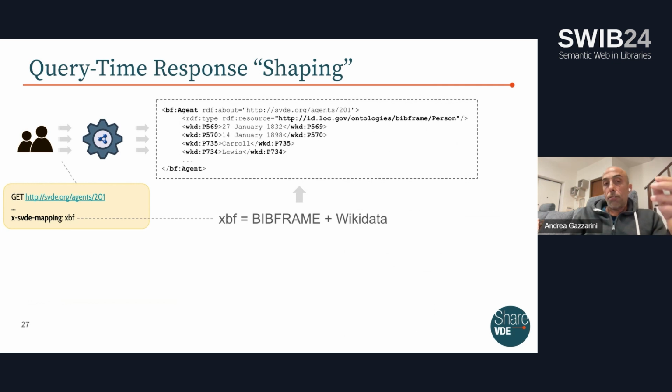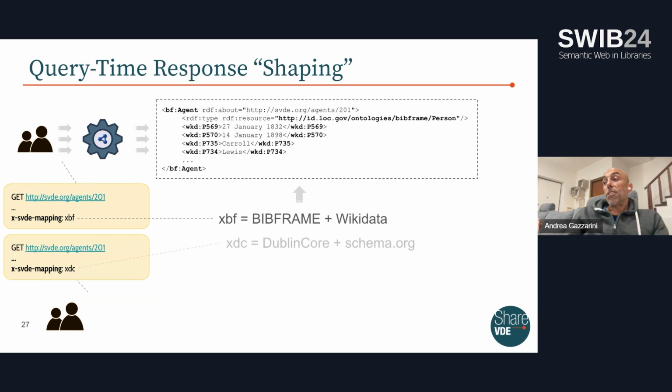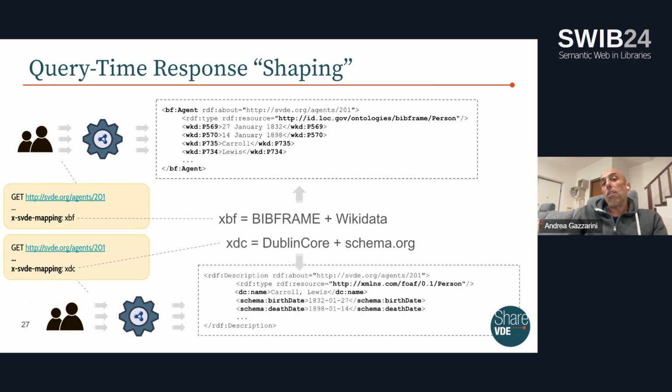This is an extract, of course. The same request with a different value for that header could provide a different representation of the same resource. Different because here we are using another two ontologies. The cool thing is that we can combine this example with the example above.